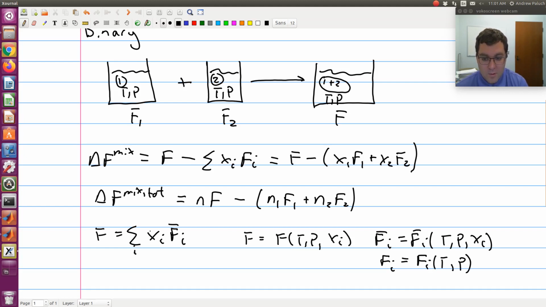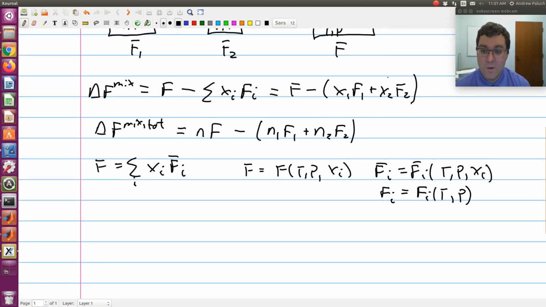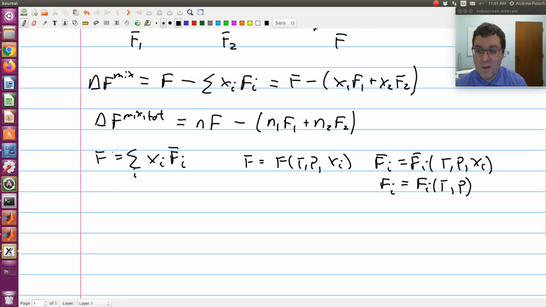Okay, so we showed in our partial molar notes that F is equal to the molar average of my partial molar Fs, or the effective values in solution at those conditions. Knowing that, I can substitute it into our expression for delta F of mixing.